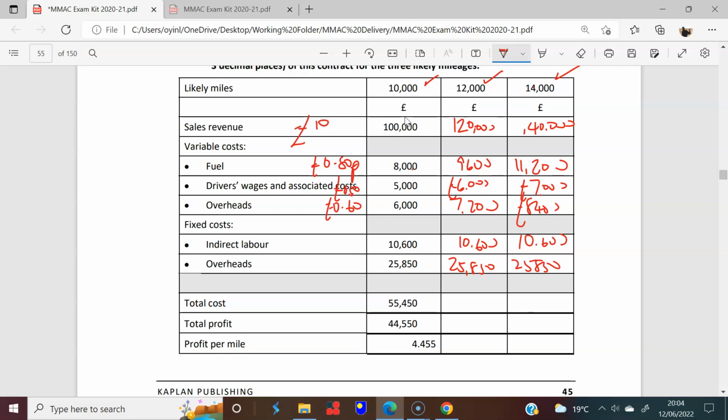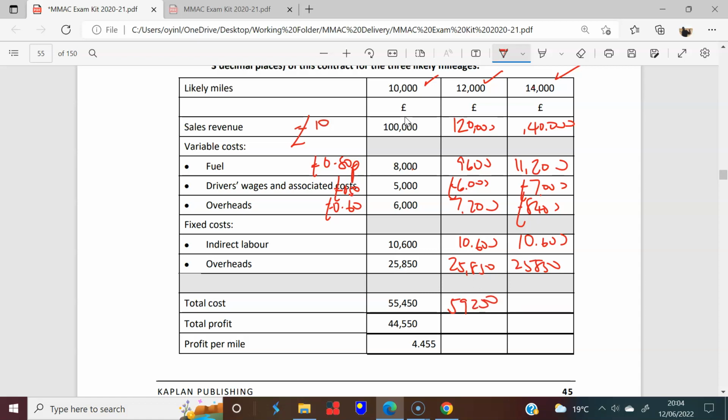9,600 plus 6,000 plus 7,200 plus 10,600 plus 25,850, which is 59,250.